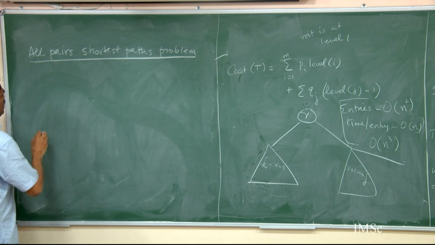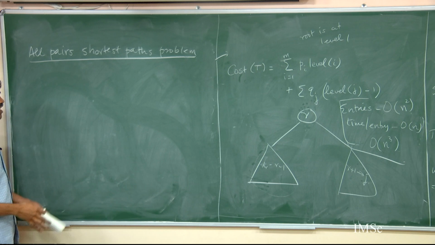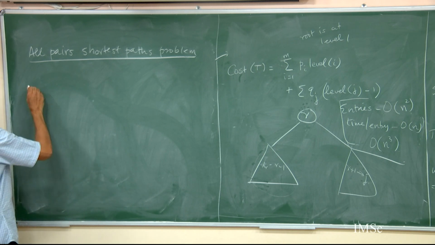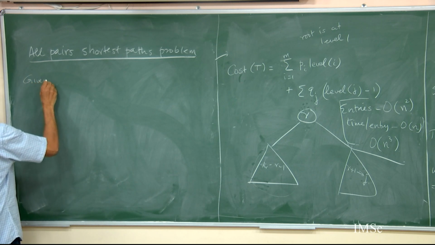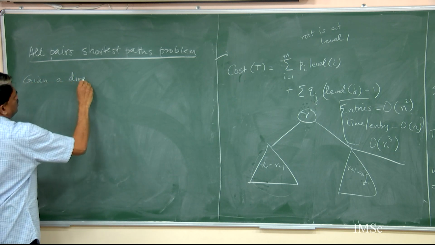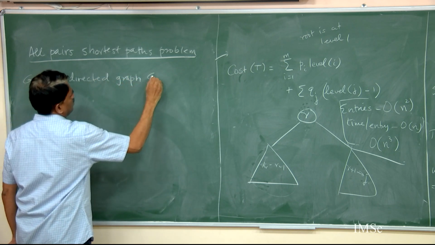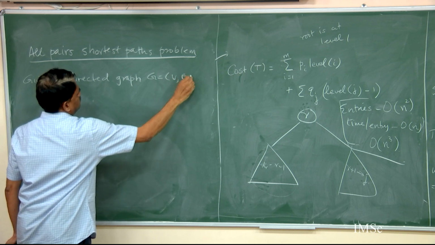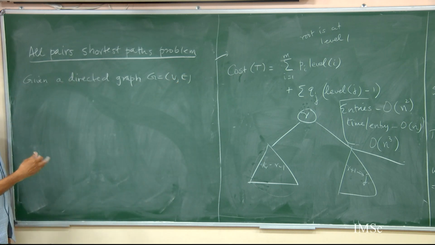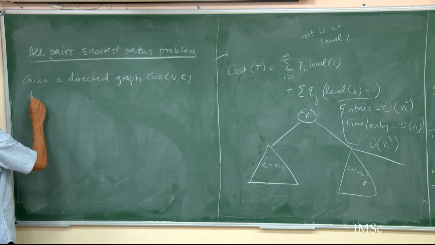So you're given a directed graph. I mean, this is one example where an adjacency matrix is as good, actually it is useful rather than an adjacency list. Okay, so you're given a directed graph with distances on the edges.